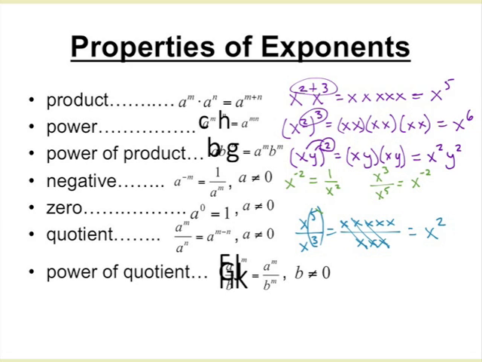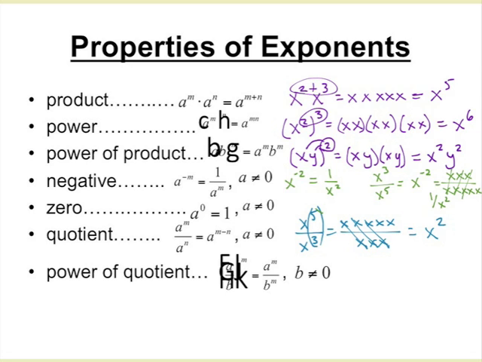Okay, so just like in that blue one where we did our quotient and we subtracted 5 minus 3 gave us 2, in this one, smaller on the top, so 3 minus 5 gives us negative 2. But if I thought about actually writing it out and canceling them, 1, 2, 3 of them cancel, what am I left with? 1 over x squared.